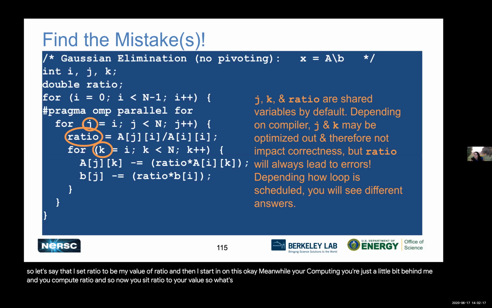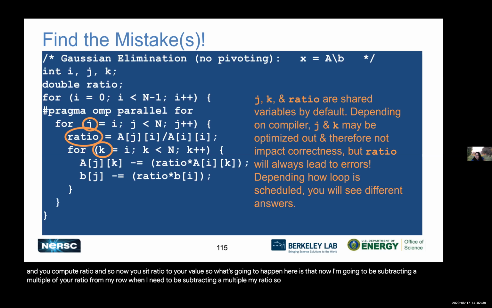So what's going to happen is that now I'm going to be subtracting a multiple of your ratio from my row when I need to be subtracting a multiple of my ratio.